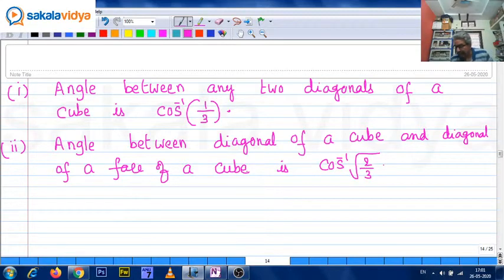These are actually standard results. I explained to you in the seminar session also, these are standard results we need to remember directly. These are memory based questions. That's not correct. The angle between the sides is 90 degrees.